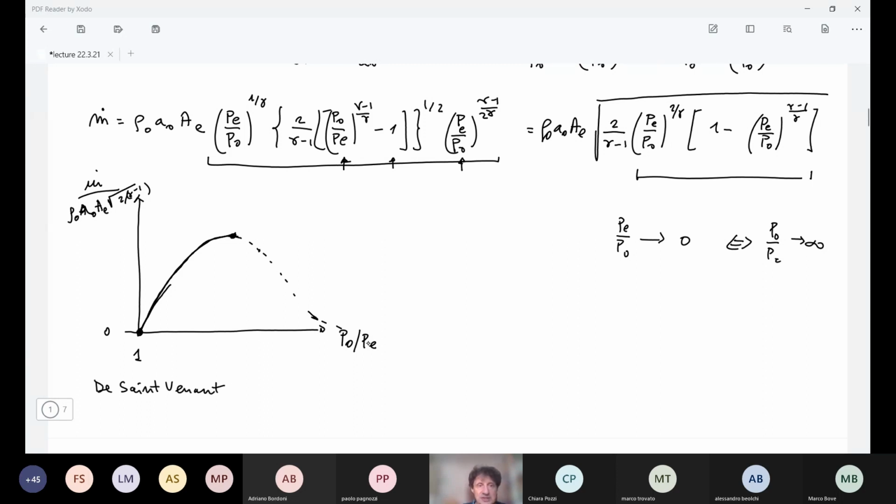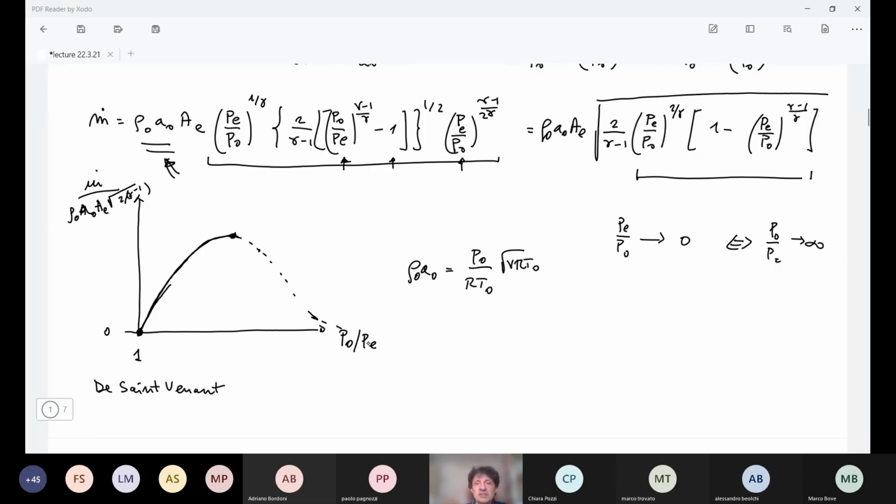And it's often written, and we will do it usually, instead of putting here rho 0 a 0, we can express this in terms of pressure and temperature. Rho 0 is P over RT, and a 0 is the square root of gamma RT.